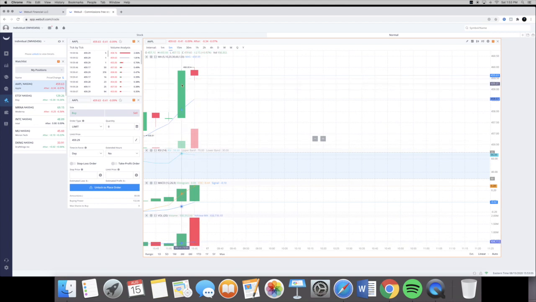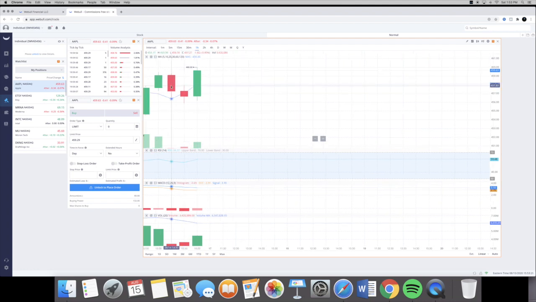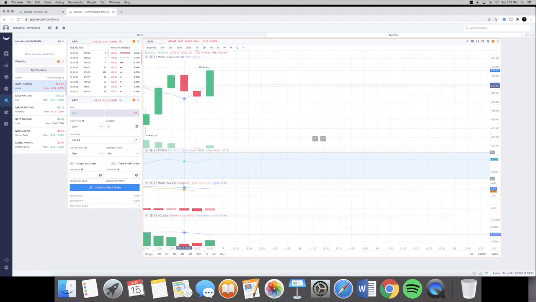So every single one means 5 minutes. Now, if I switch to an hour, that means every candle is 1 hour, meaning what happened during that hour. All right, so now let's explain what the green candle and the red candle mean.